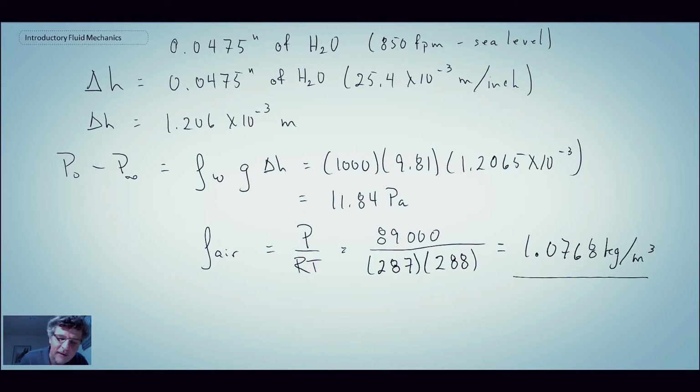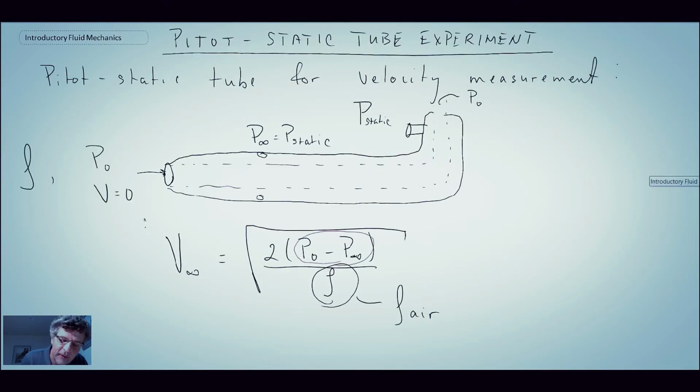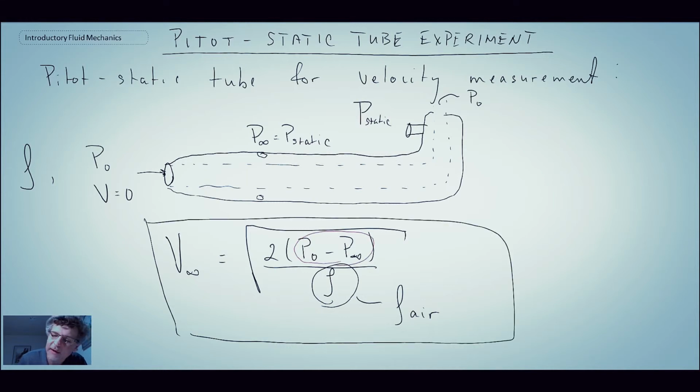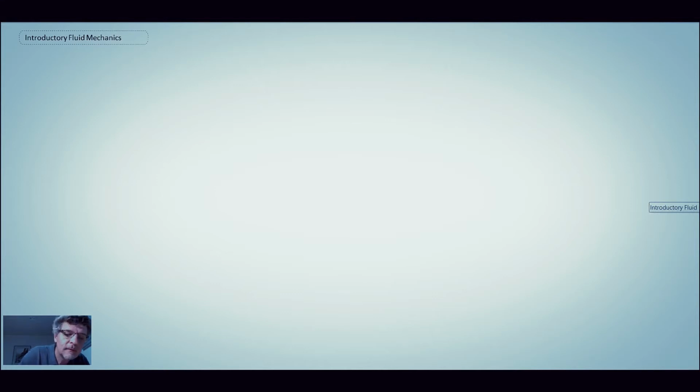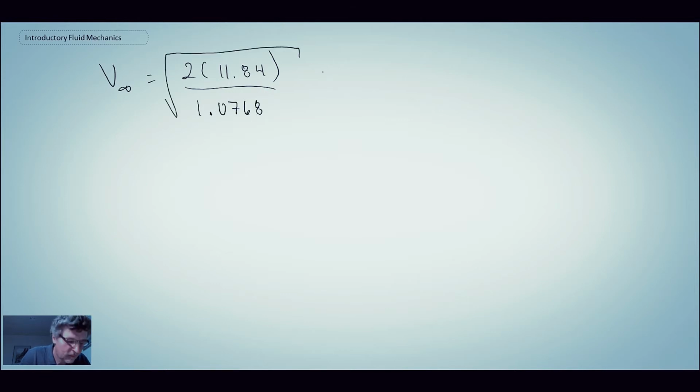So I'm going to take my delta P measurement and put it into this equation here for the pitot tube, enabling us to then determine the velocity. When we do this, we get about 4.69 meters per second is what the pitot tube was exposed to.